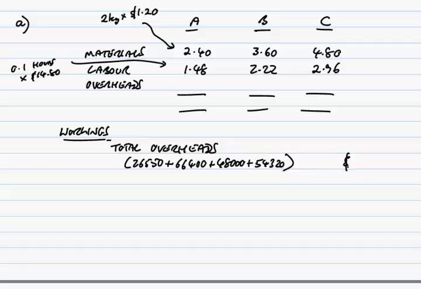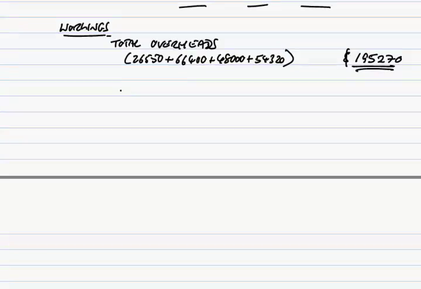So the total overheads are how much? I think 195,270. To get overheads per hour, we need the total labour hours.